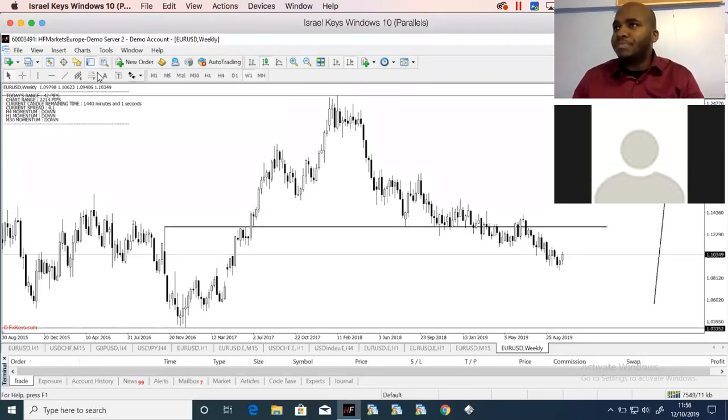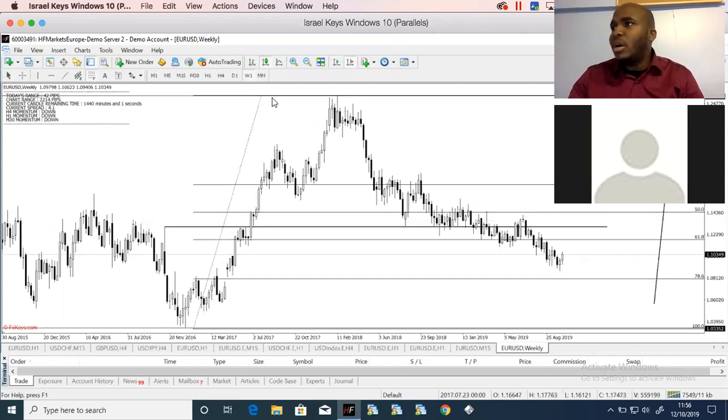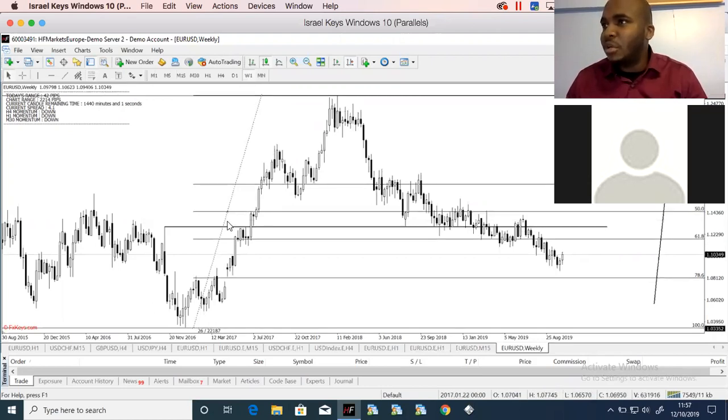Now we put on the Fibonacci. We find out where we are, because when we go up here and we start to come down, we are expecting to come down into the 50 level. 50 is the halfway point. It's what one of my mentors, one of the people I studied trading from years ago, calls fair value.